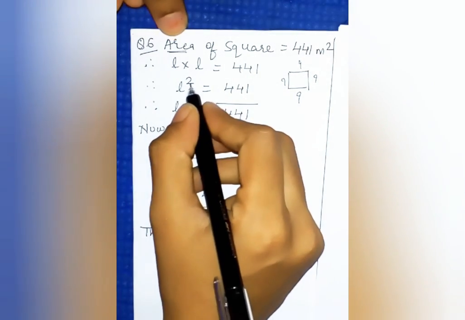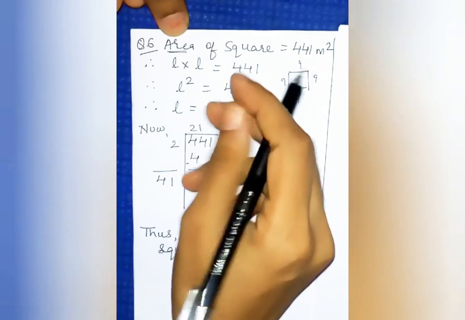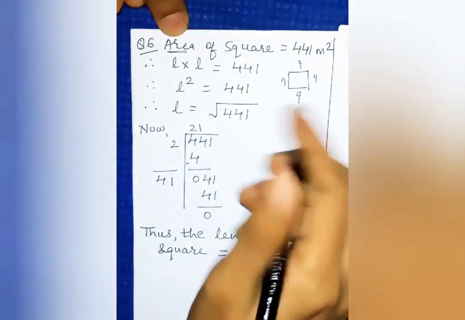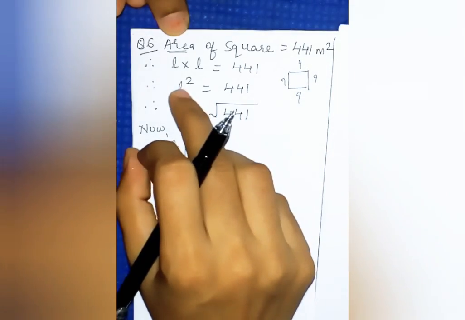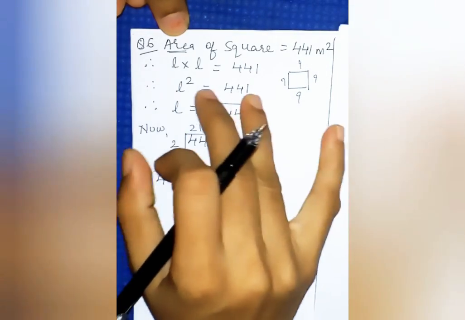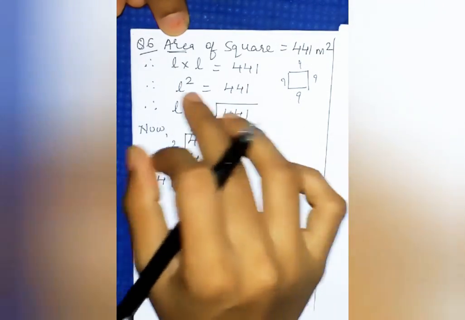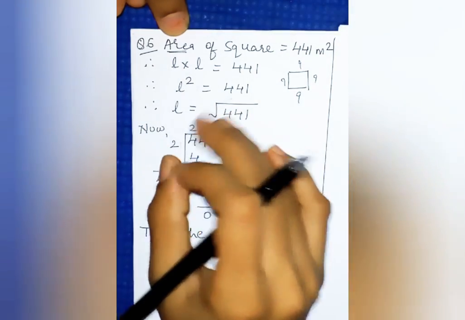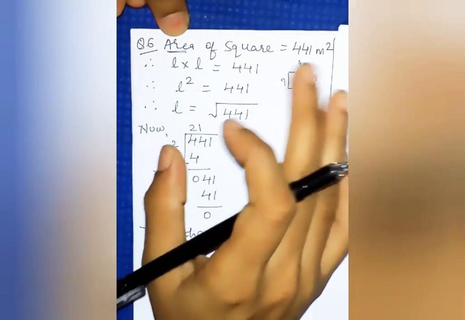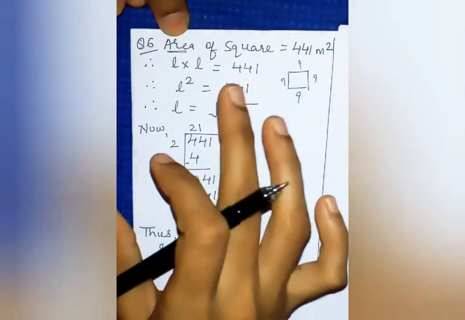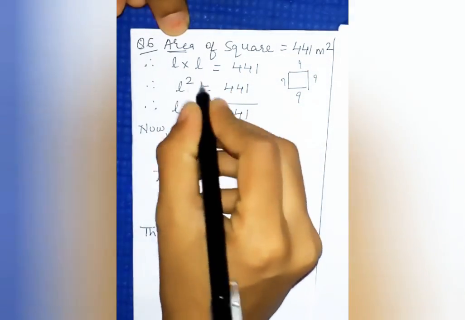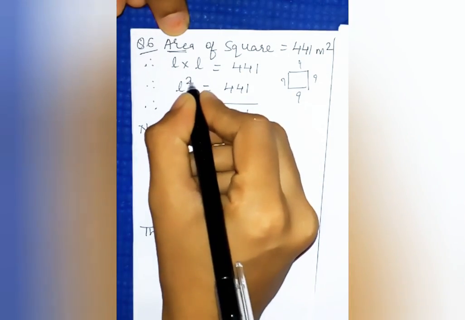Now this is l square, length square, and we want only length, not length square. So in the equation chapter we have seen that whenever we take anything from LHS to RHS we change the sign. If it is plus we make it minus, if it is minus we make it plus, if multiply then we divide, if divide then we multiply, right. Similarly, in the same way, in square and square root, this side square is given.